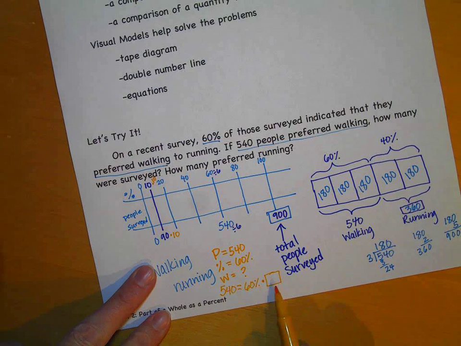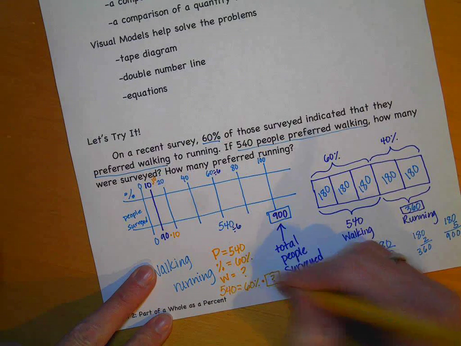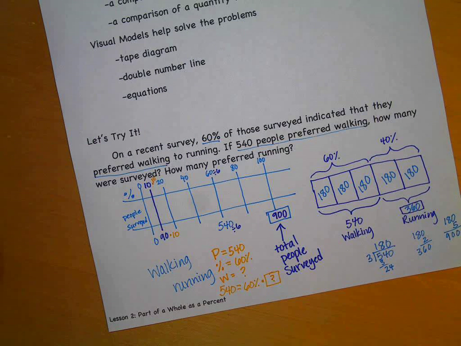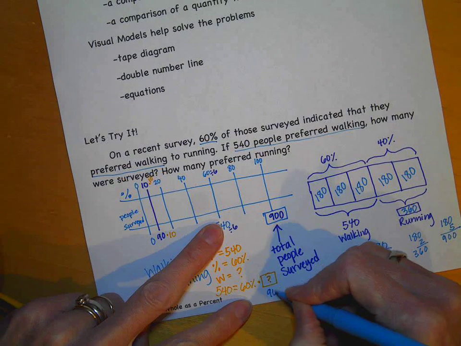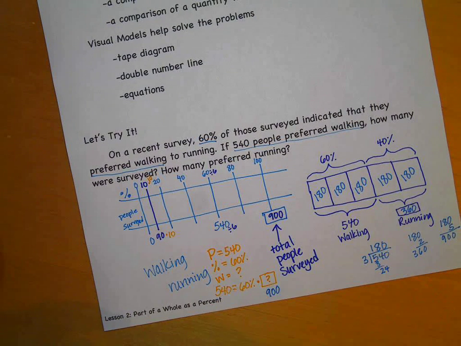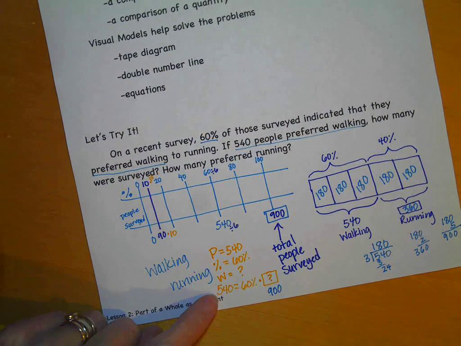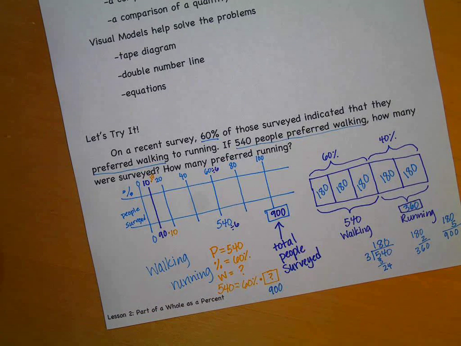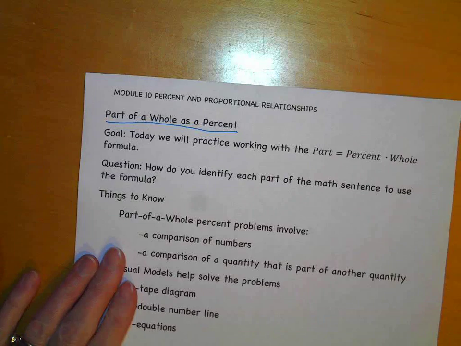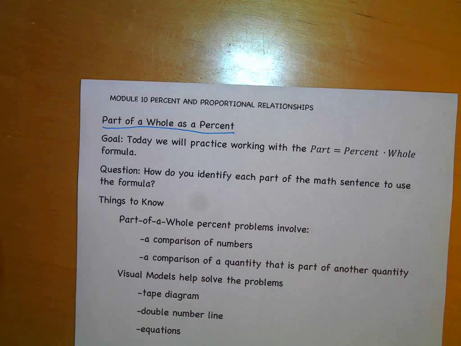And that would be the equation that you use. And what we do now know is 900. So if you take 60% of 900, you should get 540. Okay? All right, so today we will practice working with the part equals percent of whole formula.